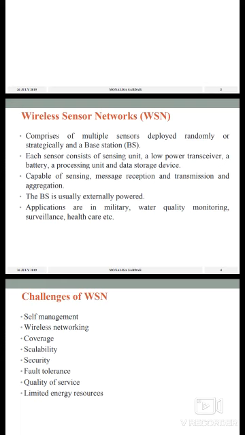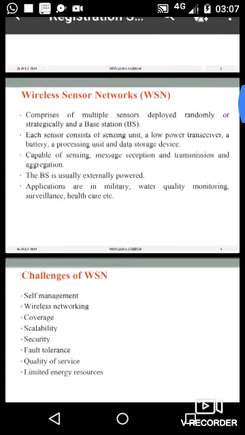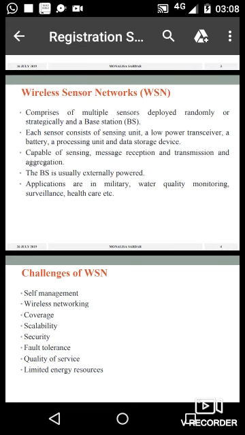And some of the applications are in military, water quality monitoring, surveillance, healthcare, etc. And some of the challenges of wireless sensor networks are self management, since nobody is managing them and there is no infrastructure which is controlling them. So, self management is one of the challenges.